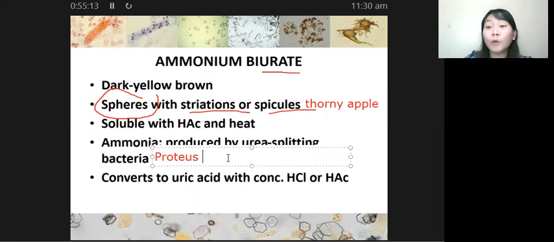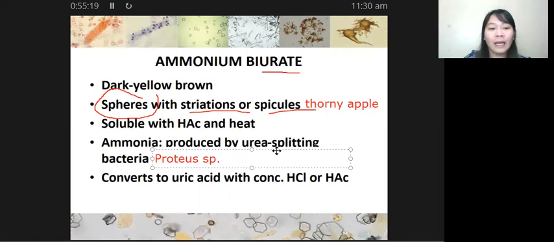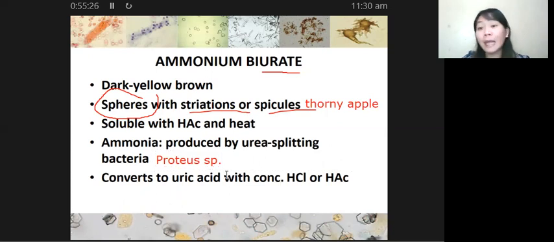So we have Proteus species. This is a kind of bacteria that is considered to be urea splitting, thus it is able to produce ammonia, and this ammonia is needed in order for us to form your ammonium biurate.